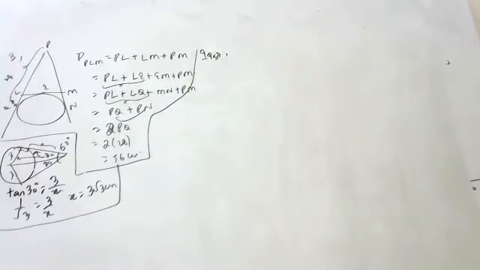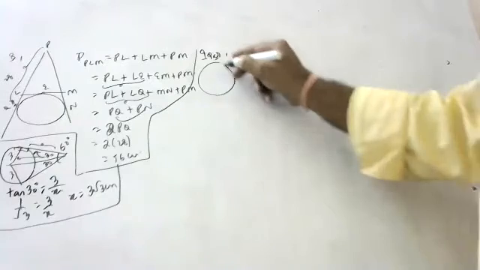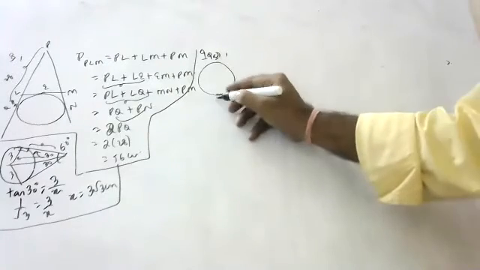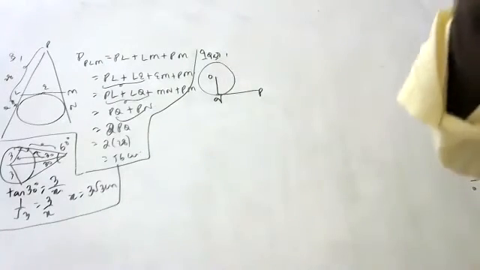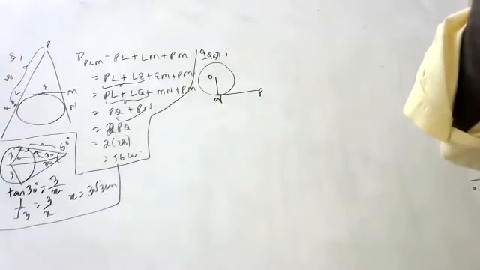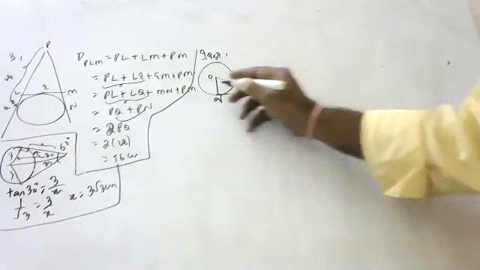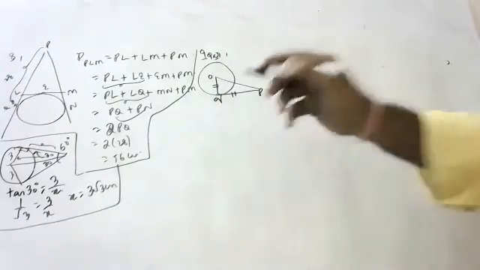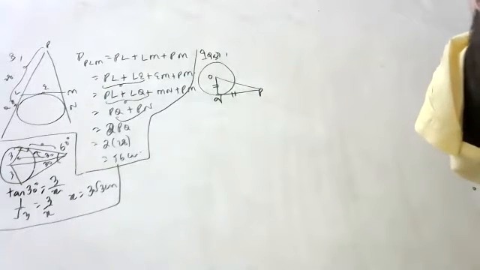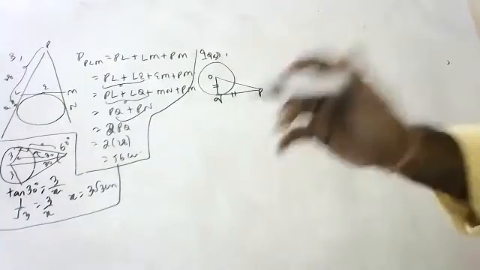PQ is the tangent to a circle with center O at a point. If triangle OPQ is an isosceles, this and this are equal. Then find the angle OPQ.